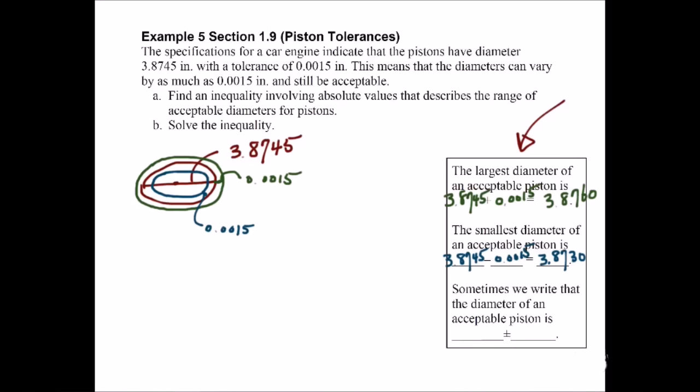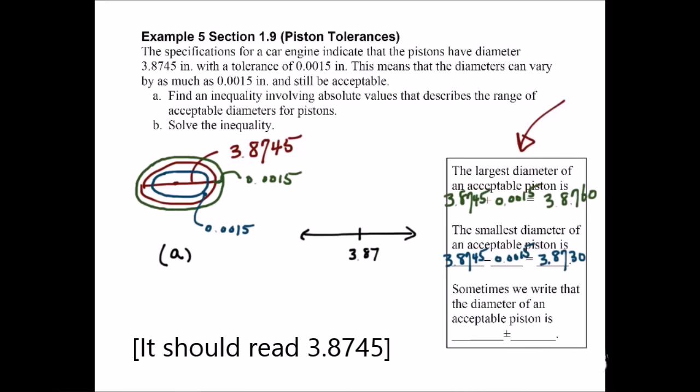Now, how do you actually capture that in an absolute value inequality? Well, pictorially, this is what we want to say. If we label this as 3.8745, the original piston diameter you started with, then the distance of an allowable diameter d to that 3.8745 should not exceed 0.0015. So the distance between this number here and the 3.8745 should be less than or equal to 0.0015.